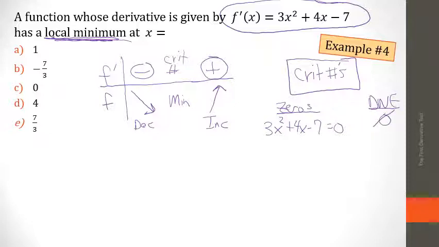You could graph it and find when the zeros are. You could solve it using the quadratic formula, everybody's favorite. I graphed it, but I also checked myself using the quadratic formula. And it turns out the answer is A. That's where the local min occurs. It occurs at x equals 1.